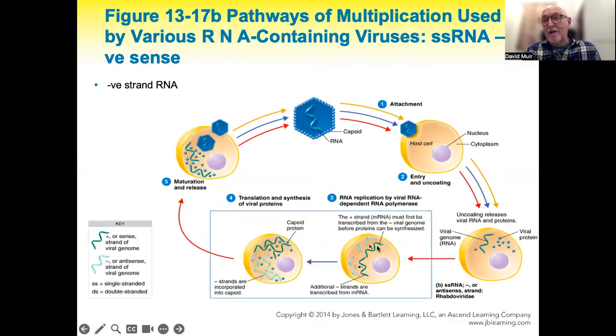And that negative strand functions so that many copies of the positive strand can be produced, which function as messenger RNA, but also end up getting packaged as the genome. The messenger RNA produces all the viral proteins. The capsid assembles, and the positive strand copies are packaged as the genome. Not difficult.